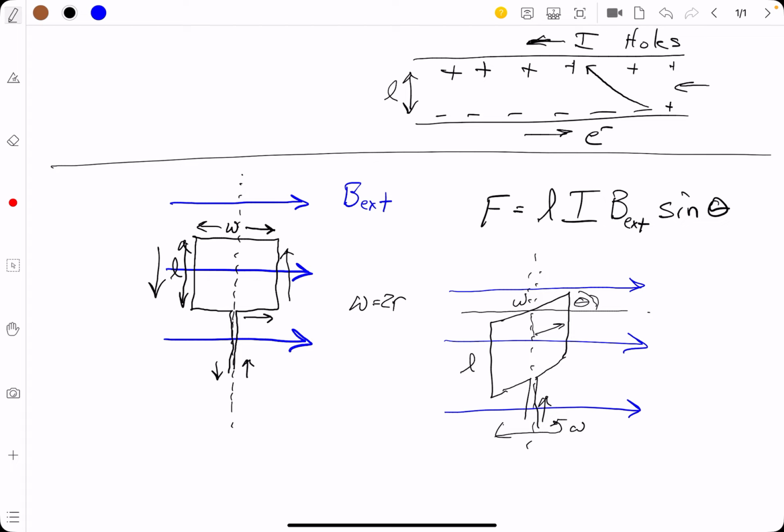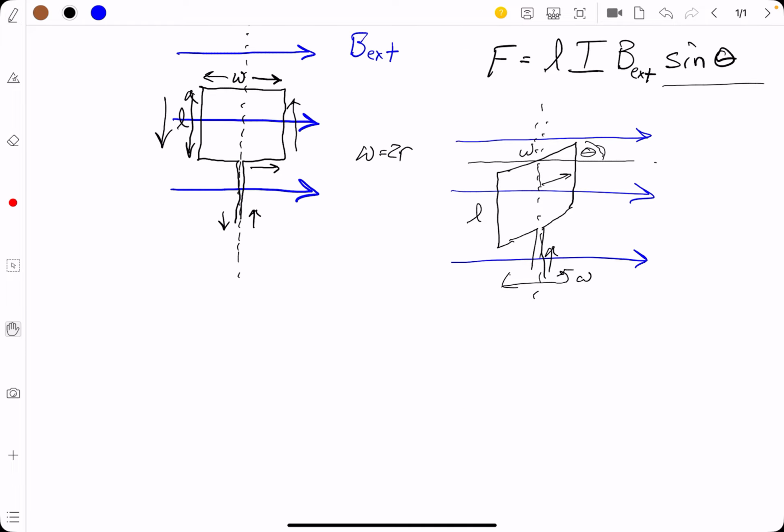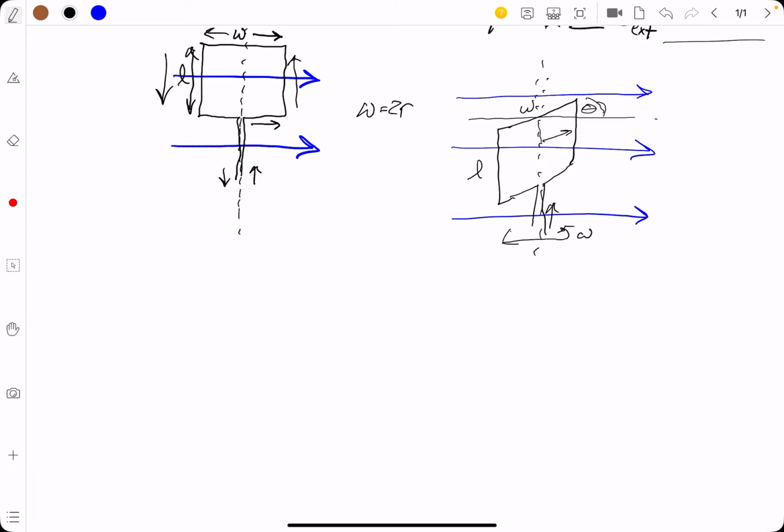And we can then say, oh, well, good, that angle theta gives me a maximum and a minimum. In fact, it oscillates back and forth between the two maximums and minimums as that thing spins around. And our torque is equal to R times the F that we have generated.